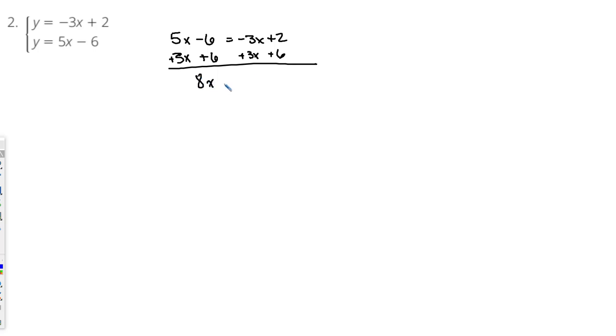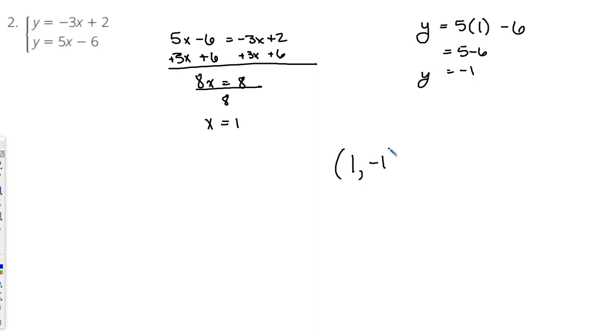So 8x is equal to 8. Divide everything by 8. X is equal to 1. Choose one of the two equations. So 5 minus 6 is negative 1. So the ordered pair, therefore, is 1, negative 1.